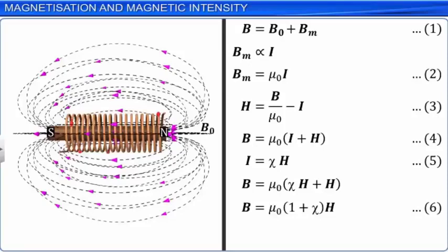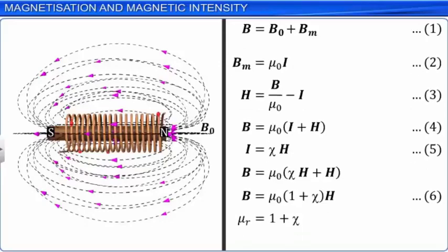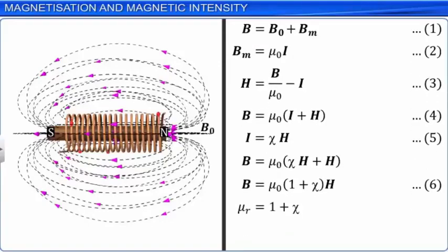We know that the relative magnetic permeability is the ratio of the magnetic permeability of the material to the magnetic permeability of vacuum. That is, mu_r = mu/mu0. Then, mu = mu0 mu_r.